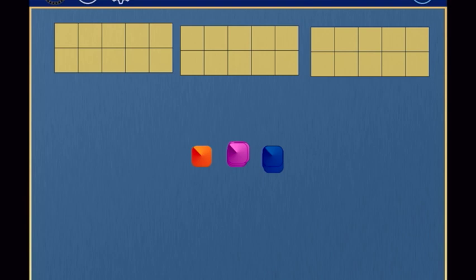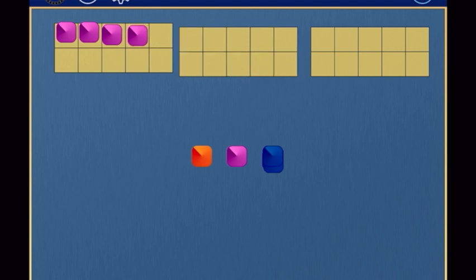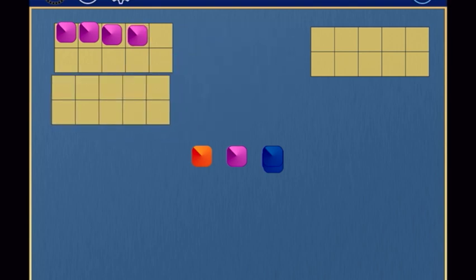So for the first one, we'll do double digit addition. Charlie walked 12 miles. Because each of these only holds 10, I am not going to be able to fit all 12 in one.